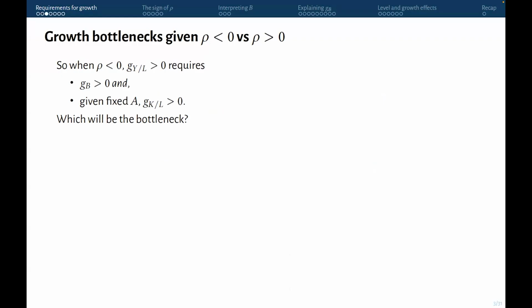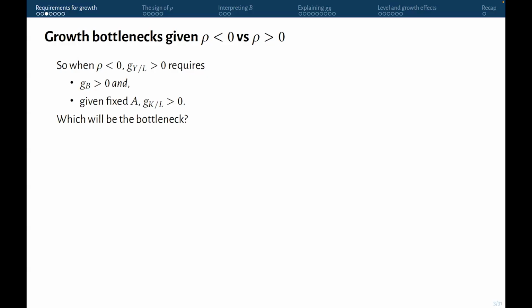Okay, so in the gross complements case, growth in output requires growth in BL. So growth in output per person requires growth in B, growth in labor augmenting technology, and growth in the capital to labor ratio. Does that make sense? You're going to need growth in both things to sustain output at all.